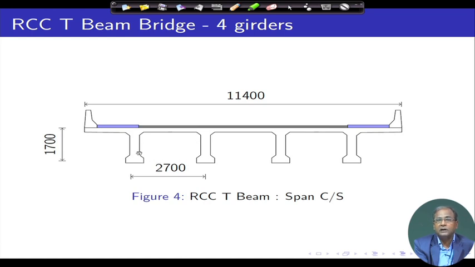The other alternative is that whatever load we have, I distribute over all the girders. Whenever you make such an assumption, you should know how much difference there is; that is the most important thing in our design.